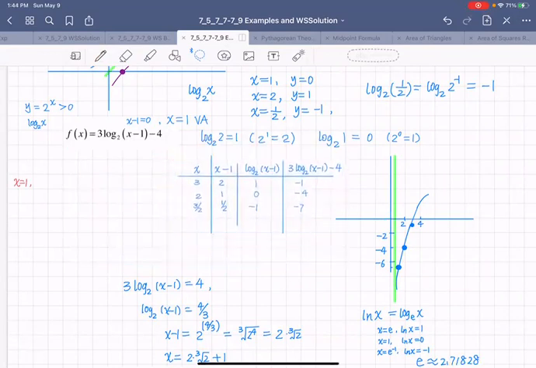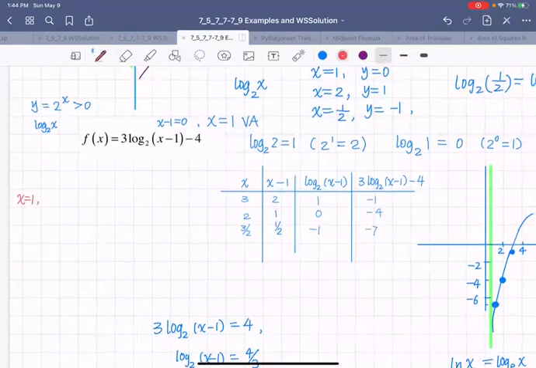Let me show you. If x equals 1, then x minus 1 equals 0. Log 2, 0 does not exist, okay? You cannot get the value.